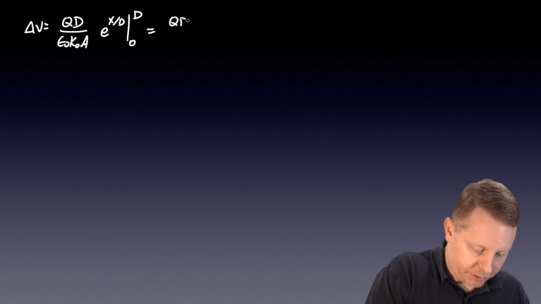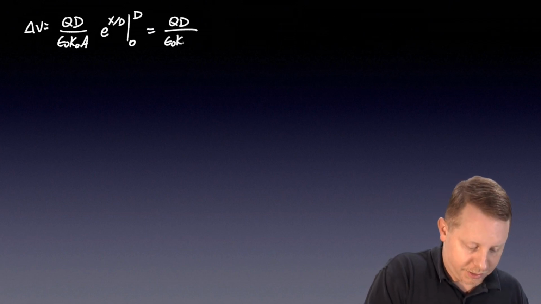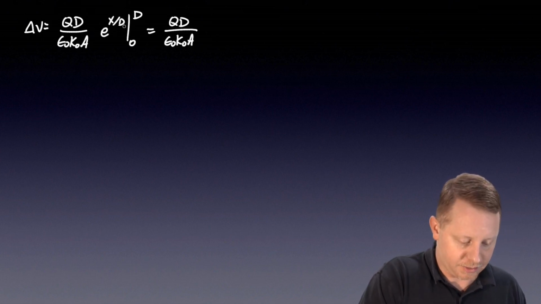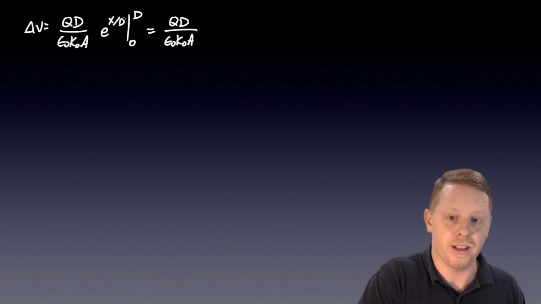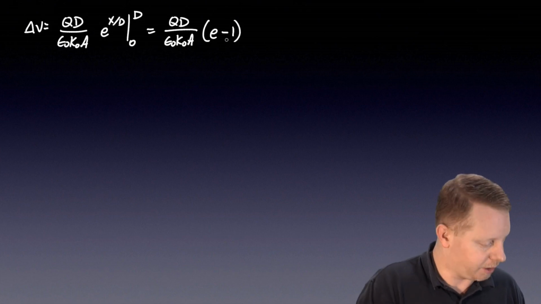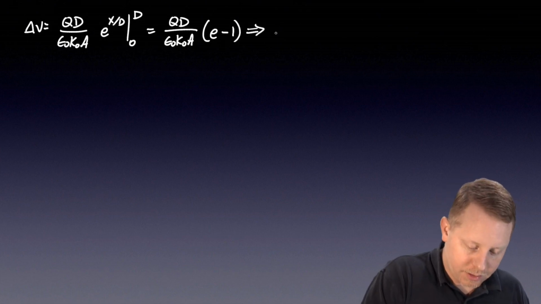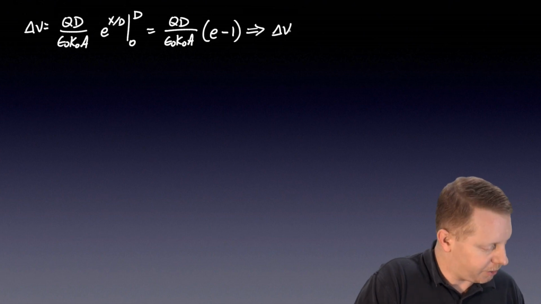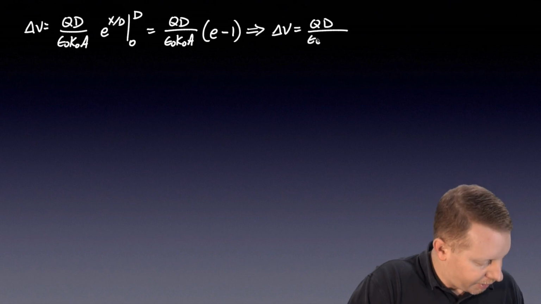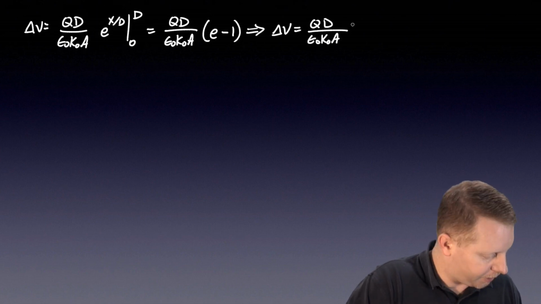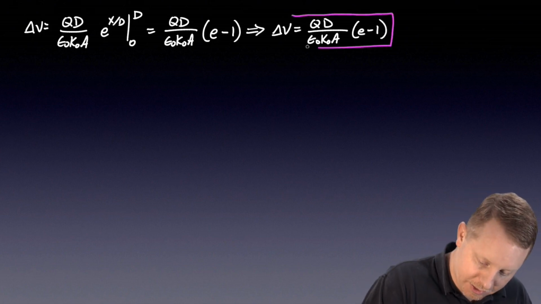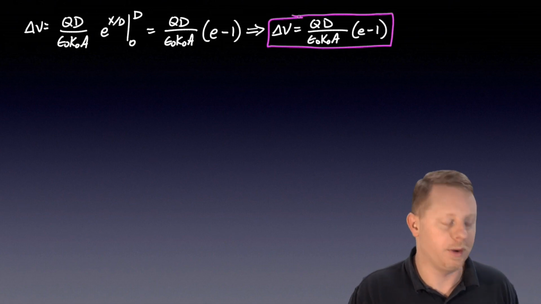Writing our constants again, Q d over epsilon naught kappa naught A, now we substitute in e to the x over d, which becomes e to the d over d, or e to the 1, which is just e, minus e to the 0, which becomes 1. Therefore, delta V, Vd minus V naught, will be Q d over epsilon naught kappa naught times our area, times the quantity e minus 1. And there we have our formula for potential difference.